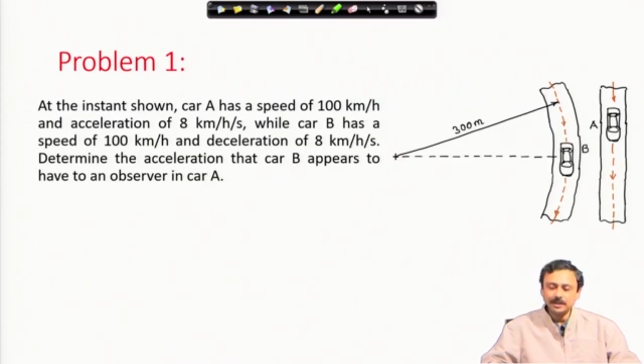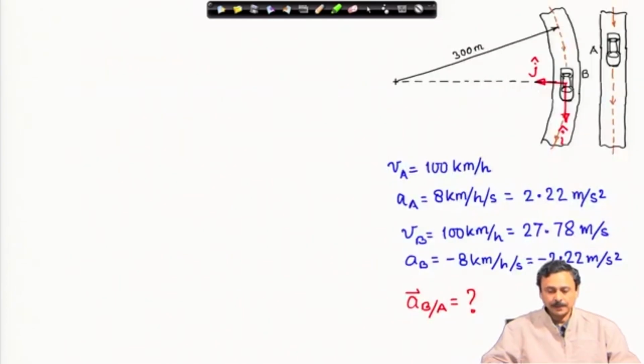So, this is clearly a problem of finding the relative acceleration of another body, which is B, as measured by an observer sitting in a moving frame, which is A, but a moving, non-rotating frame. So, here I have the coordinate system which I use.